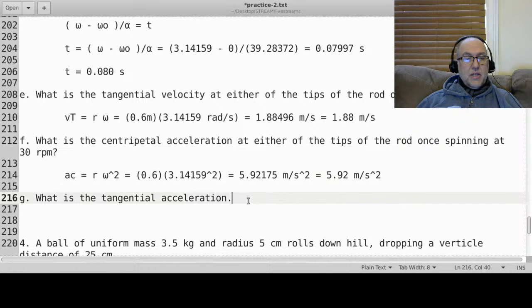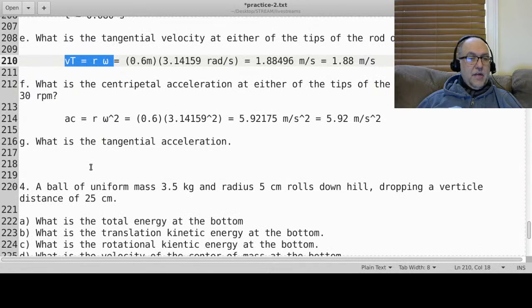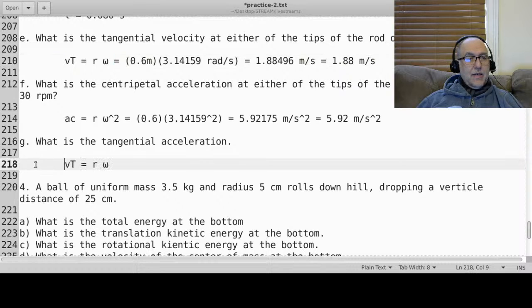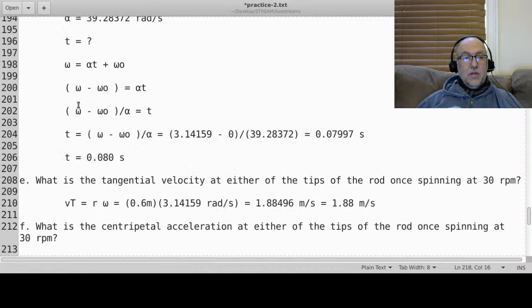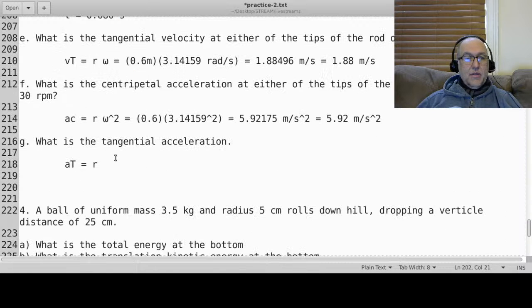And the tangential acceleration follows this pattern here, only it's not tangential velocity, it's tangential acceleration, and it's not the angular velocity. What's the angular equivalent of acceleration? It's alpha, the angular acceleration. So I'll draw a picture of this in a minute, but there's a centripetal acceleration, that's an acceleration to the center, and then there's a tangential acceleration, which is in the same direction as the tangential velocity.